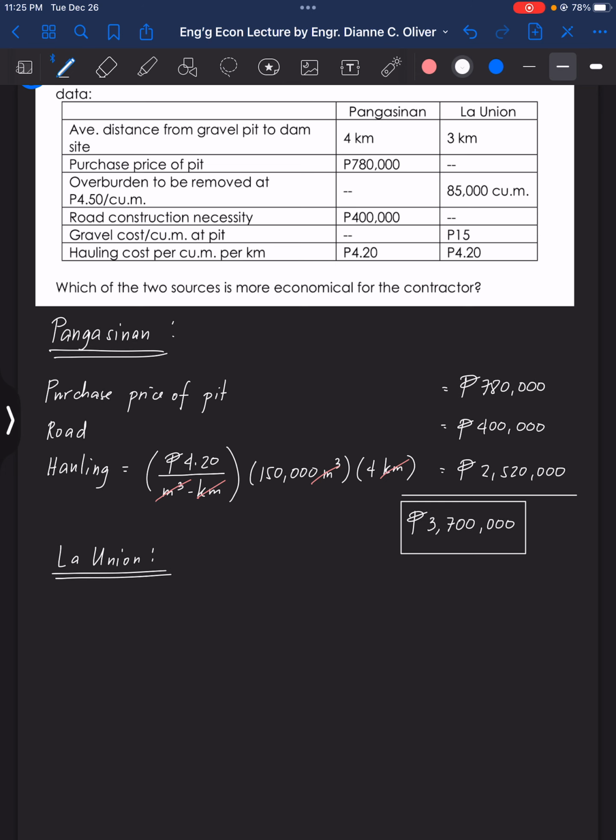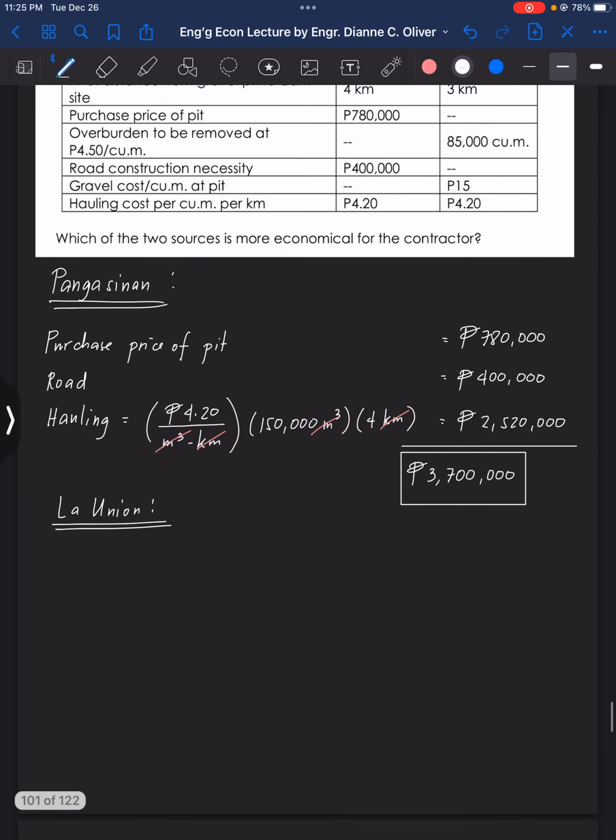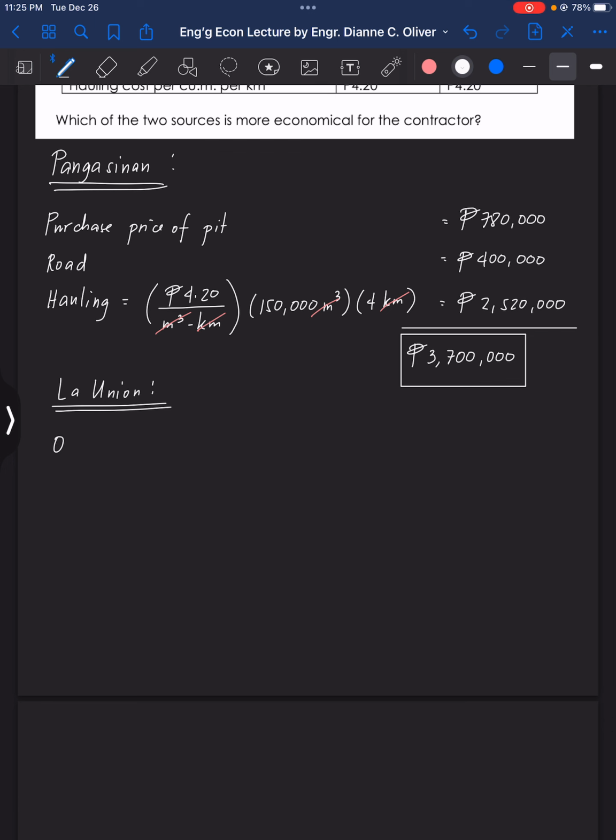The overburden cost is 4.50 pesos per cubic meter.